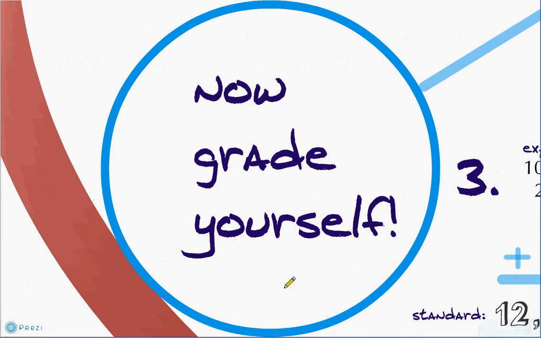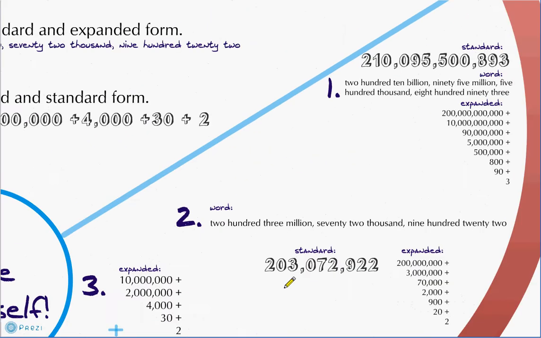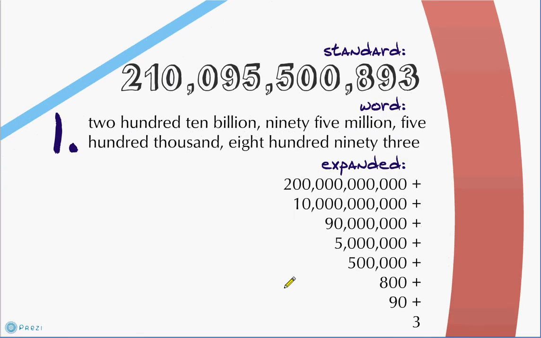Alright, welcome back. Now it's time to grade yourself. Let's take a look at number 1. Number 1 was written in standard form above, and then you were supposed to translate it to word form. So I see we have a ones section, a thousands section, a millions section, and a billions section.